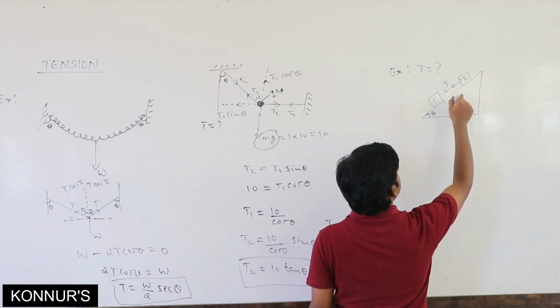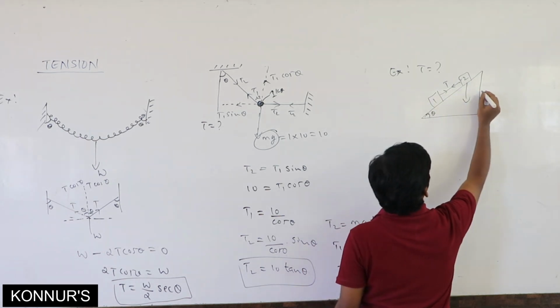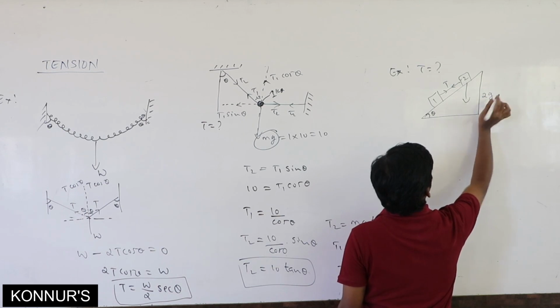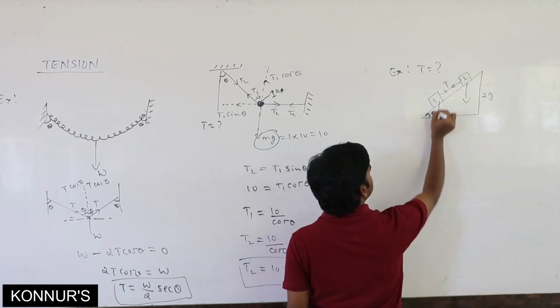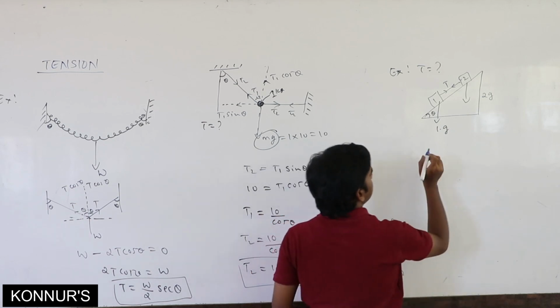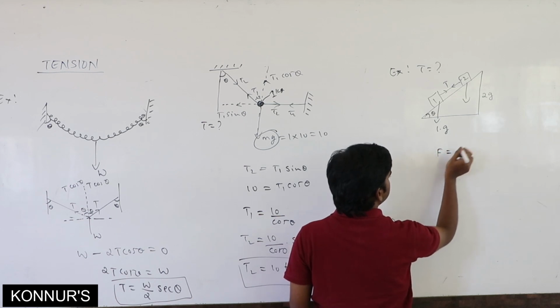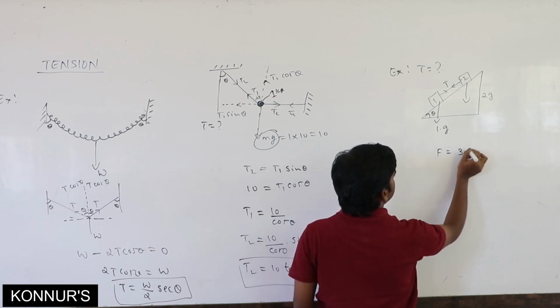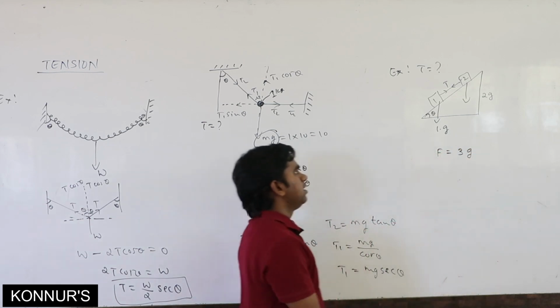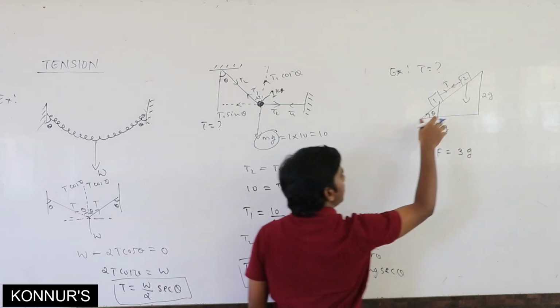So what is the downward force here? It is 2 into g. Here it is 1 into g. What is the net downward force? Net downward force is 3g.